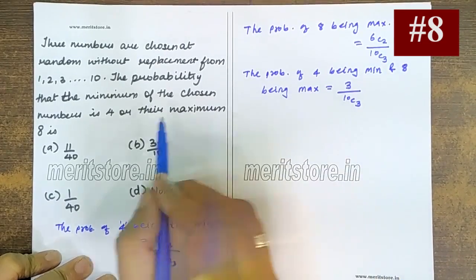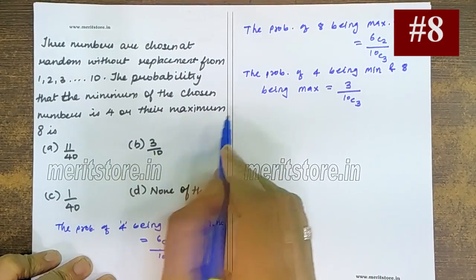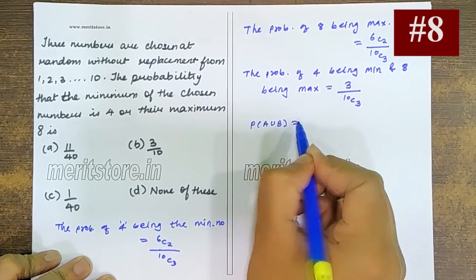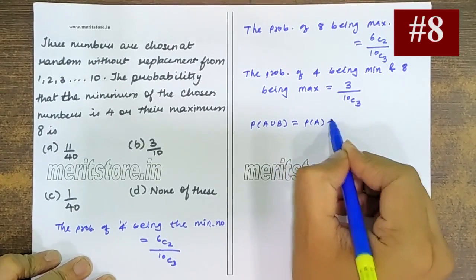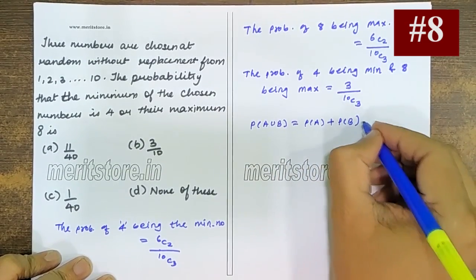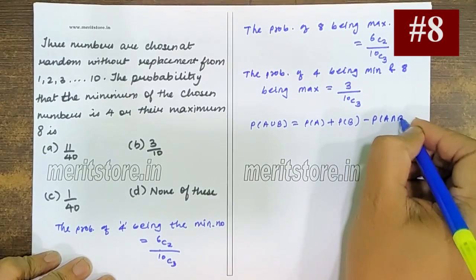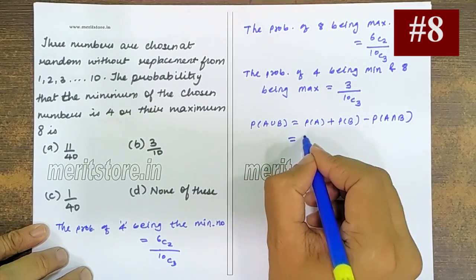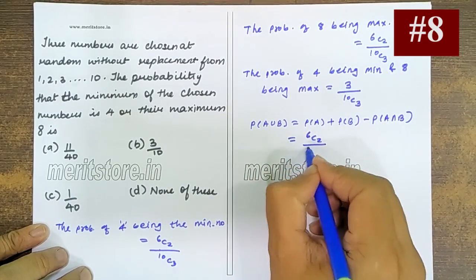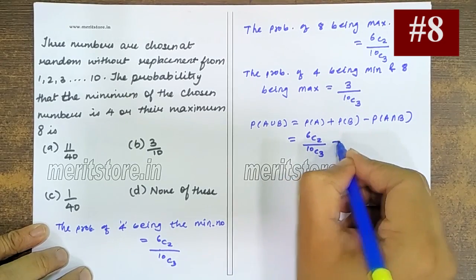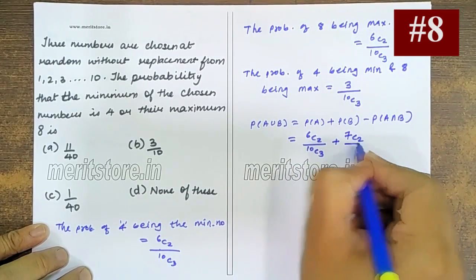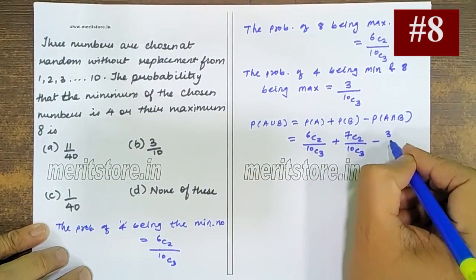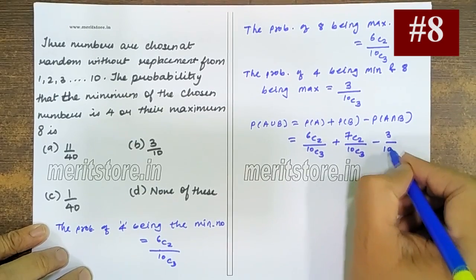Now we have to find either 4 is minimum or 8 is maximum. So we will use this formula. Probability of A union B is probability of A plus probability of B minus probability of A intersection B. So that will give you 6C2 upon 10C3 plus 7C2 upon 10C3 minus 3 upon 10C3.